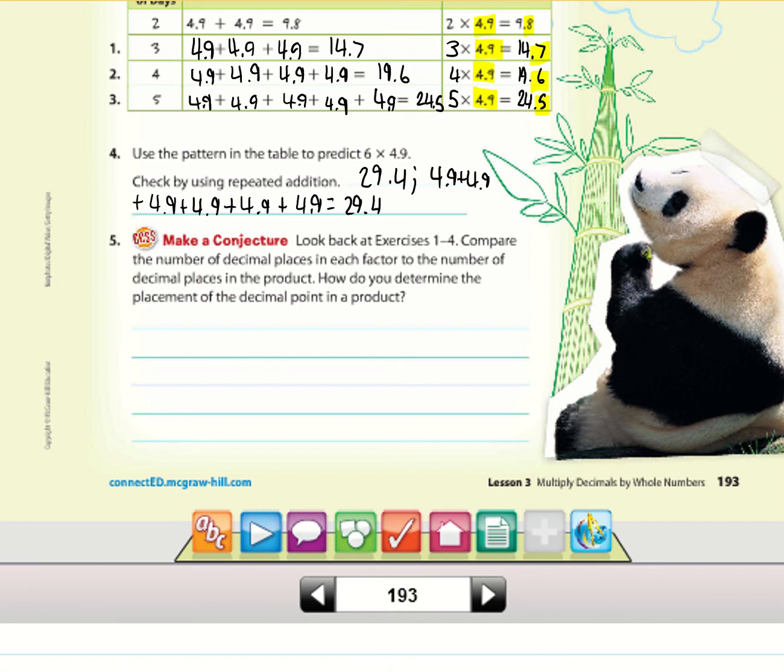So I'm going to write down what I noticed. I noticed the factor 4 9/10 has one decimal place.